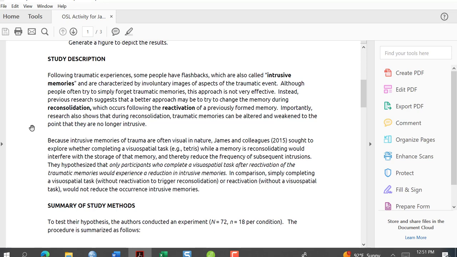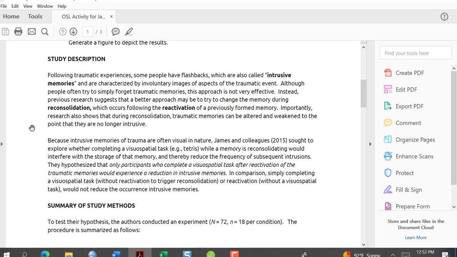So in this study, they were looking at what happens after a traumatic experience. People have flashbacks, which are called intrusive memories, and they wanted to see what could interfere with the storage of that memory. James and colleagues wanted to see if a visual spatial task like Tetris, done while a memory is reconsolidating, would interfere with the storage of that memory and therefore reduce the frequency of the subsequent intrusions.